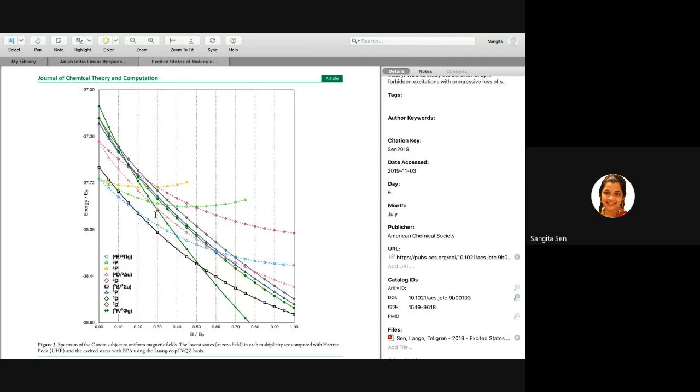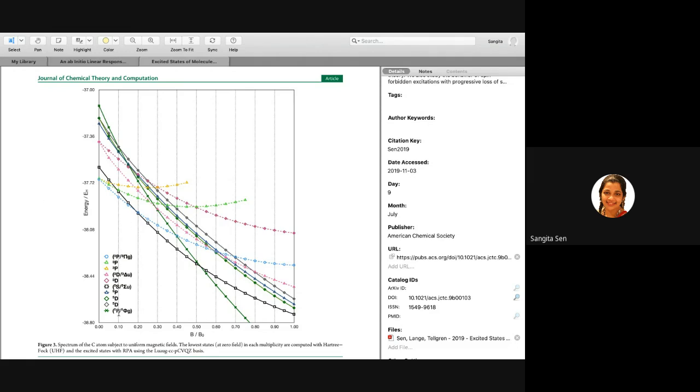So let's see. This is the spectrum of the carbon atom subject to a uniform magnetic field. You can consider this to be the z direction magnetic field. The carbon atom has a triplet p ground state, so it has two electrons in the two p orbitals.